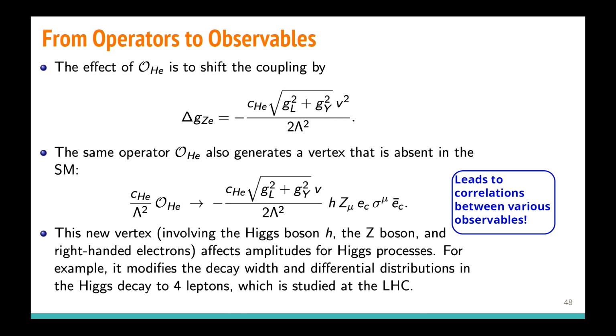When the Higgs is produced by any process, Z goes to E plus E minus, and we had Z star going to E plus E minus, but instead of that what we'll have now is something like this at the LHC.